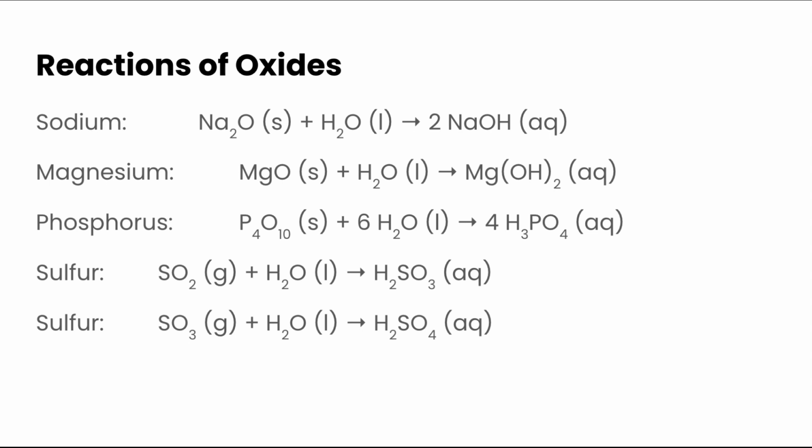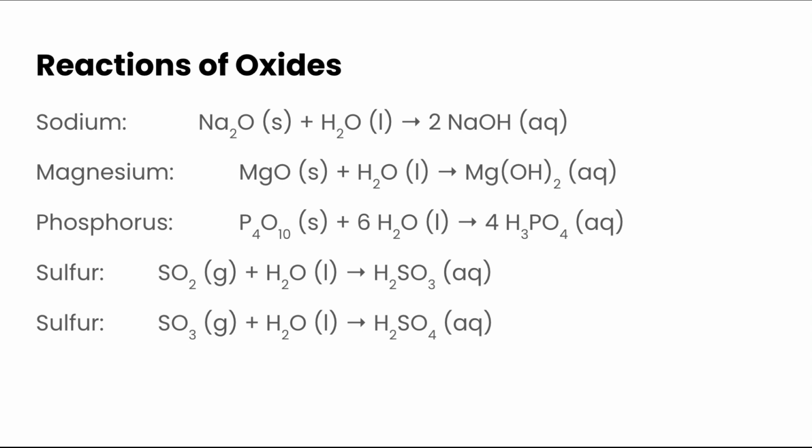Now, the last one you do need to take a look at is the reaction of nitrogen oxides with water. Nitrogen itself has many different forms of oxides, ranging all the way from N2O to N2O5. Two of the more important ones for the environment are NO and NO2. And NO is oxidized in the atmosphere to NO2.